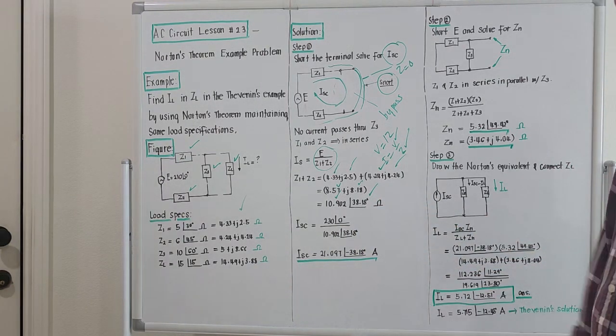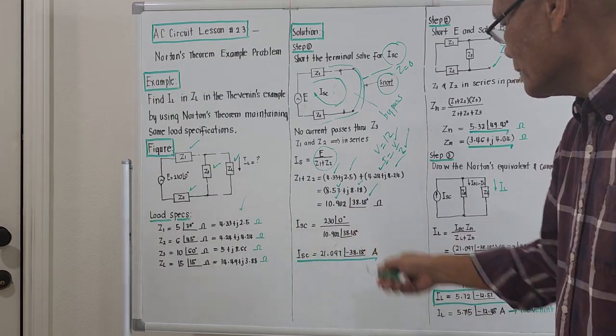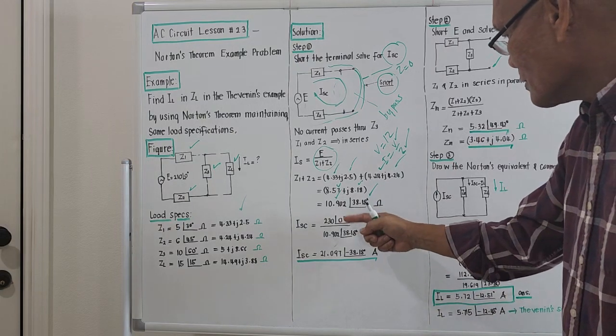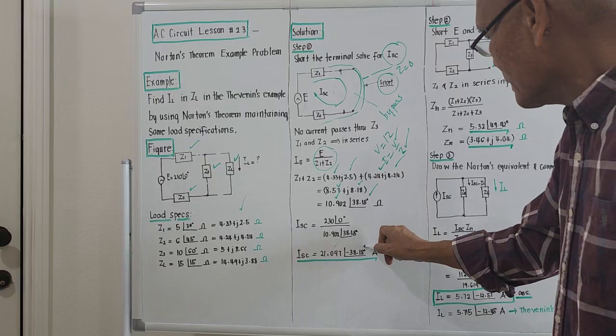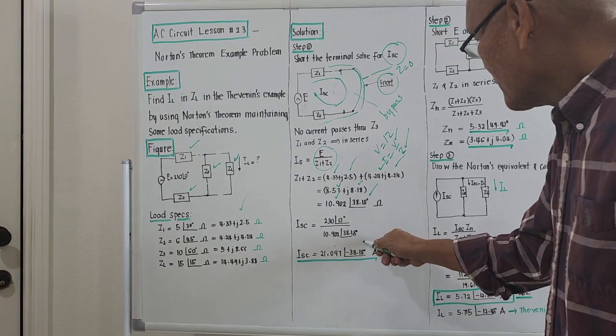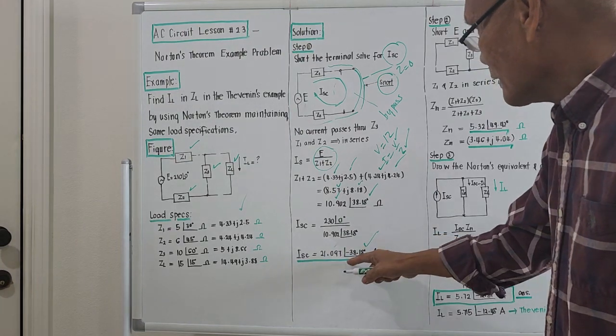Perform the vectorial division. The magnitude that comes out is 21.907, and the angle is 0 minus 38.18 degrees. The current has a negative angle, so this is a lagging current.